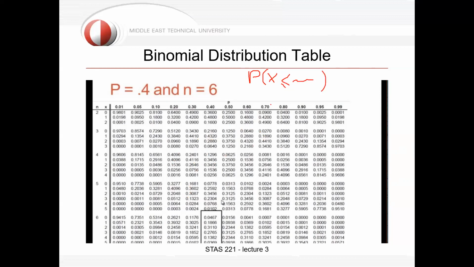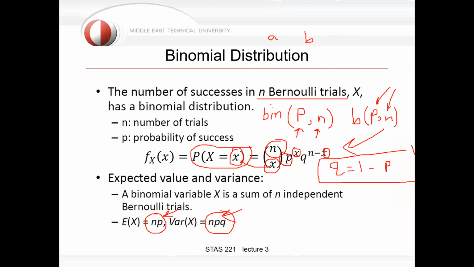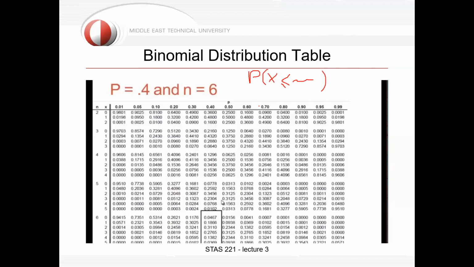We should be very careful about this, because in the formula there is an equality, not less than or equal. But in the table we should consider the cumulative version, which is x less than or equal to some value. Of course, there are ways to convert them to each other.